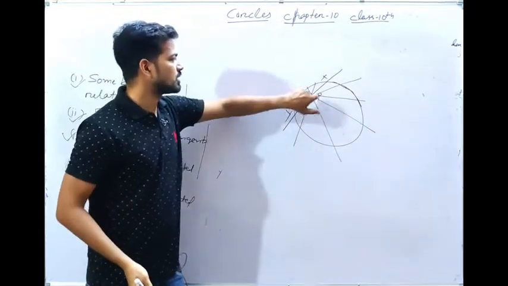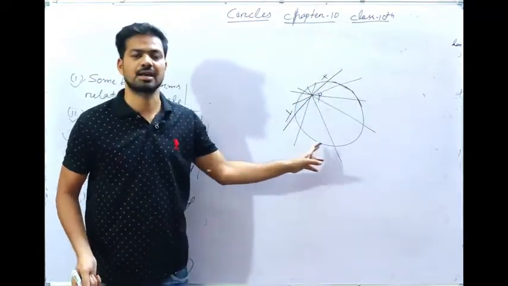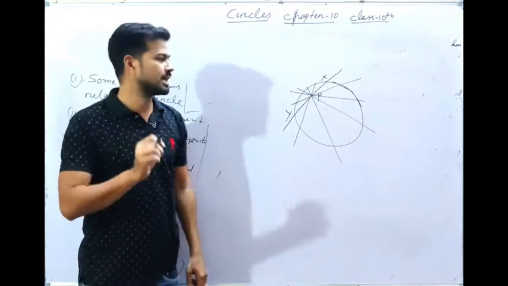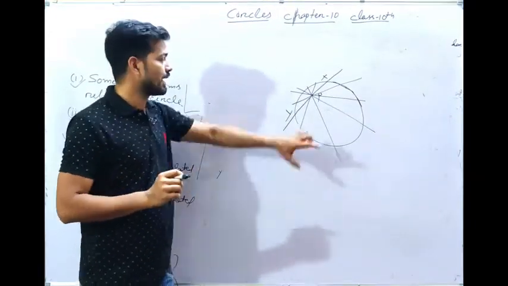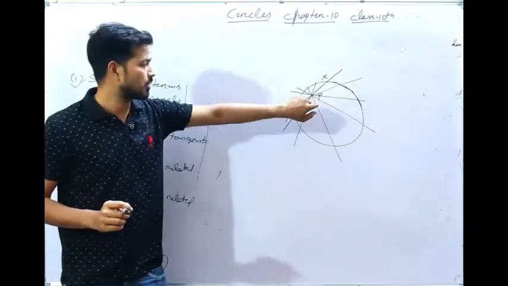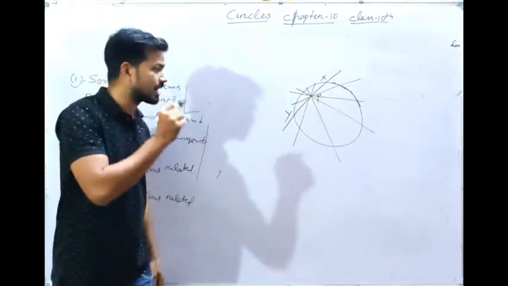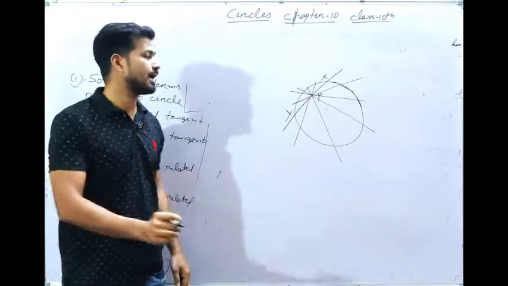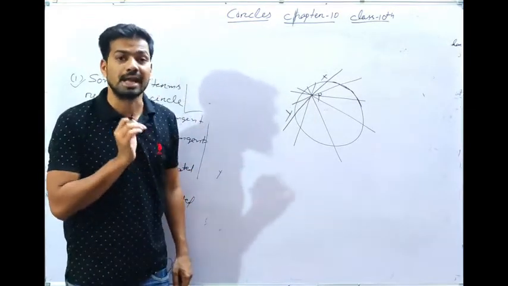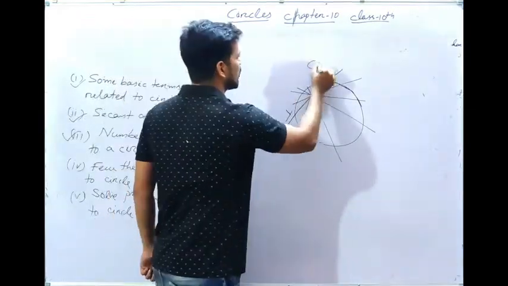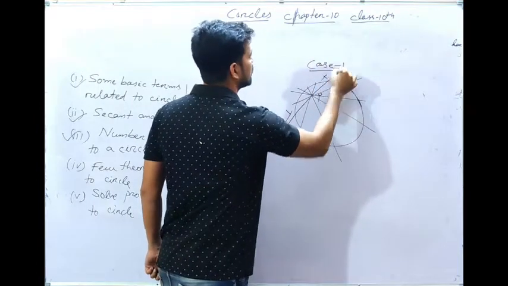You will get that the line intersects the circle at 2 distinct points. It means we never get a tangent from a point inside the circle. एक सर्किल के अंदर से हम कभी भी एक टेंजेंट ड्रॉ नहीं कर सकते हैं. This is case 1.